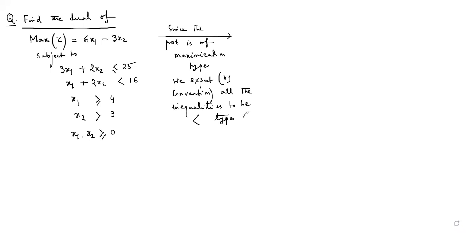That is my convention. Now, some inequalities are not lesser than type inequalities, like this one and that one. They are not lesser than type inequality. So we have to deal with that. Then I'm going to show you.